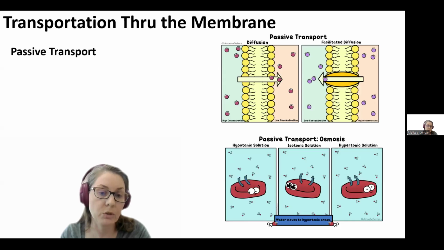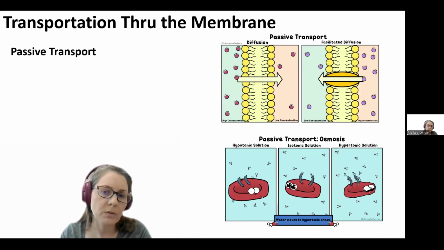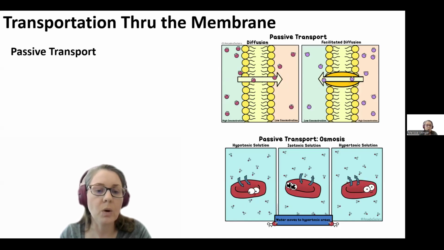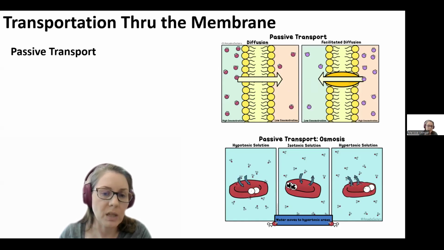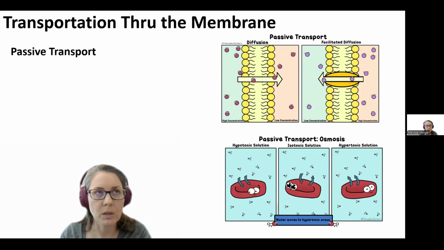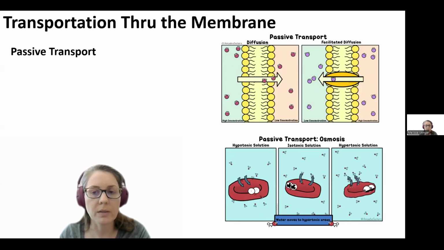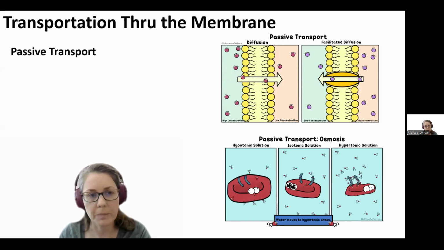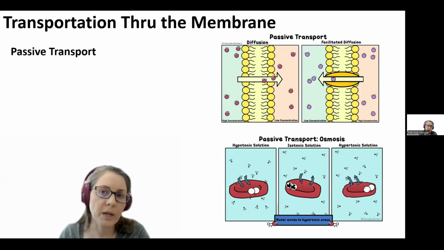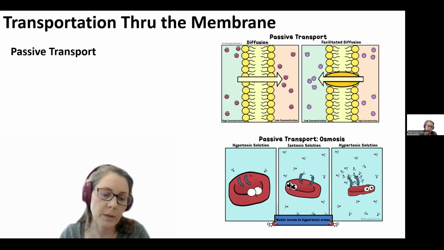This is called passive transport. Passive transport does not necessarily require a boundary, but when we're talking about living things, it does happen across the membrane. There we go. So the first type of membrane transport is called passive transport.